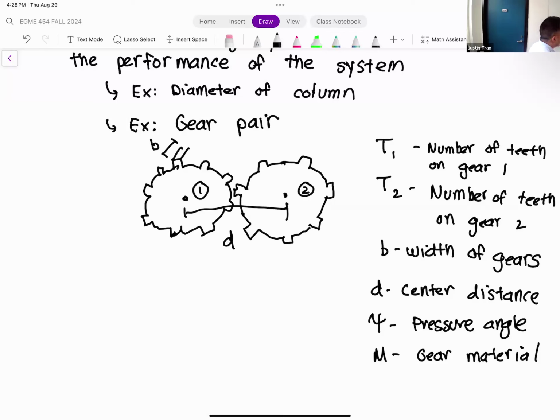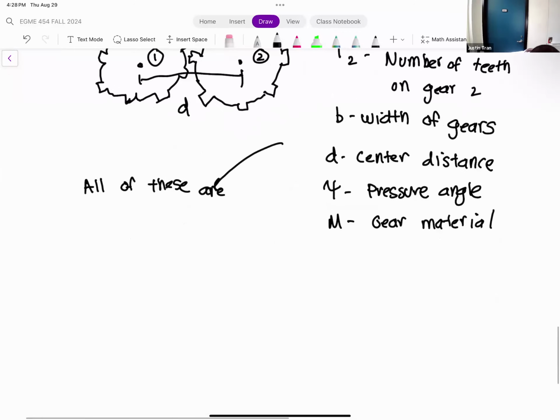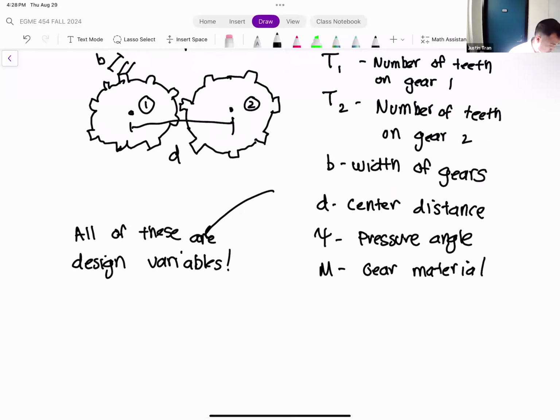That's going to affect the performance of this system. Because if you change the values of any of these, your gear pair is going to behave differently.